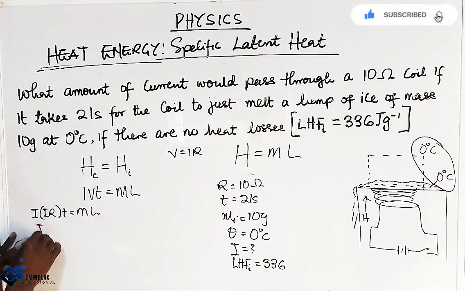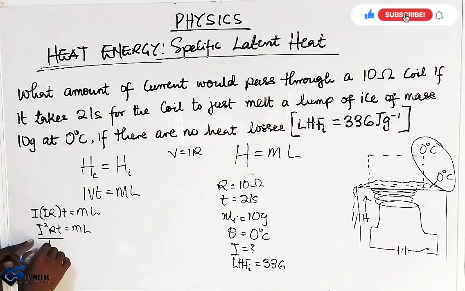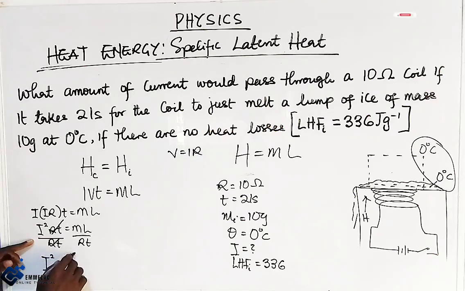So here we have I squared RT equals mL. Since we are looking for the current, I squared equals mL all over RT.